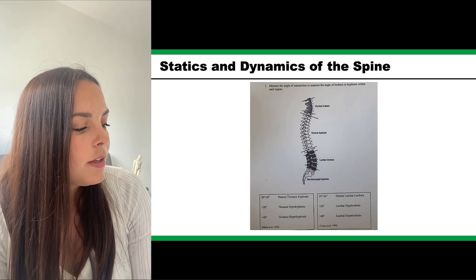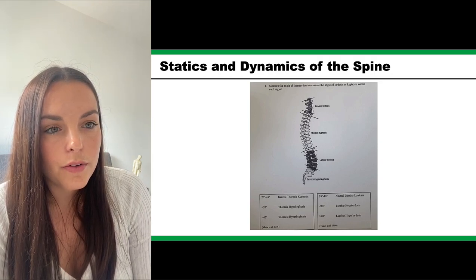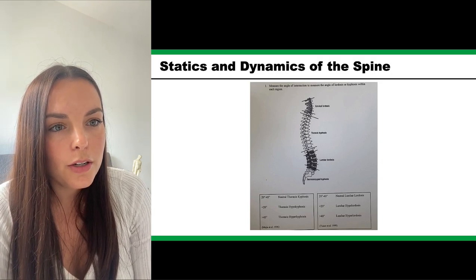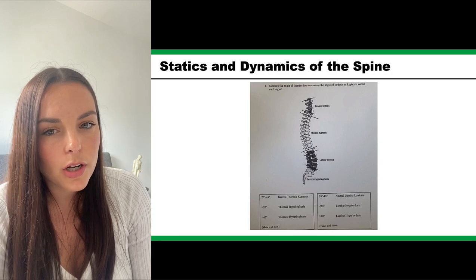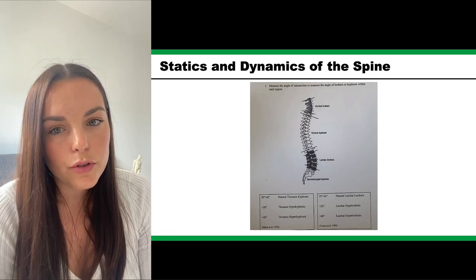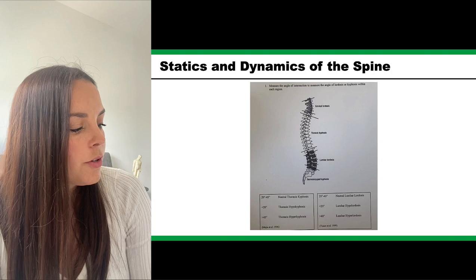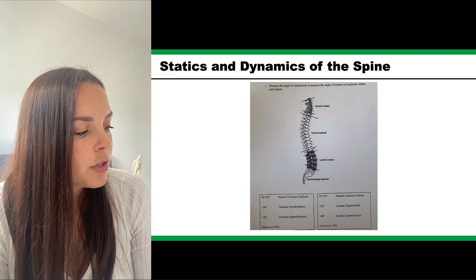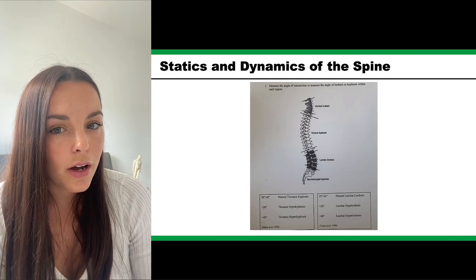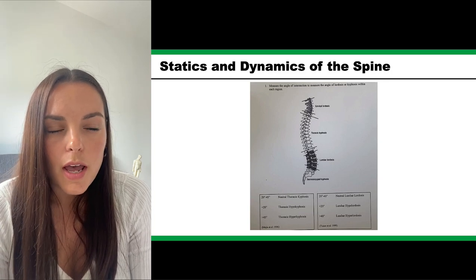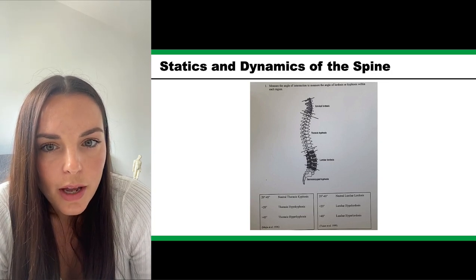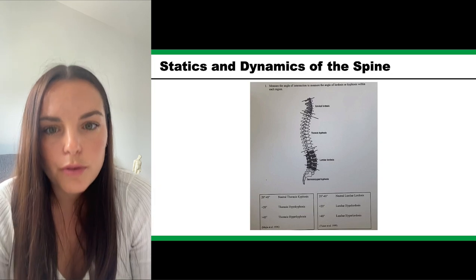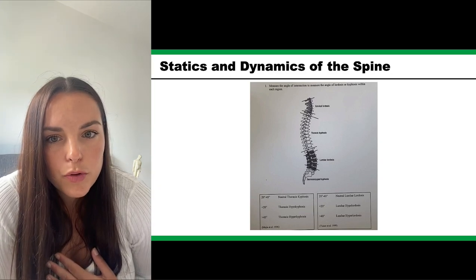So in this little part of the lab book, what we can do is actually measure the angles of those curves of the spine. We learned back in structural anatomy about lordosis and kyphosis. So kyphosis being that real hunchback action through the thoracic spine, so the thoracic spine comes forwards.